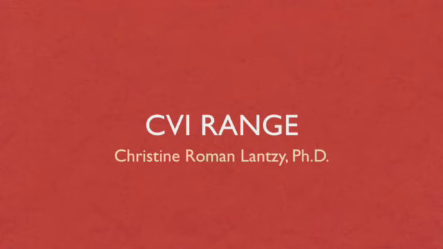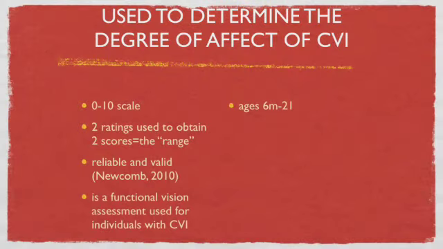This topic is on the CVI range, and we're going to talk about some of the structural aspects of the CVI range, some of the purposes, and hopefully answer a few questions that you may have about the operation or mechanics of the CVI range. So the CVI range is used to determine the degree of effect of CVI.